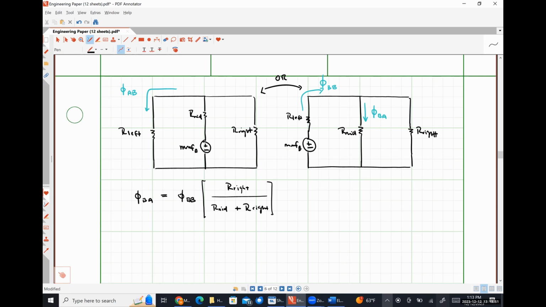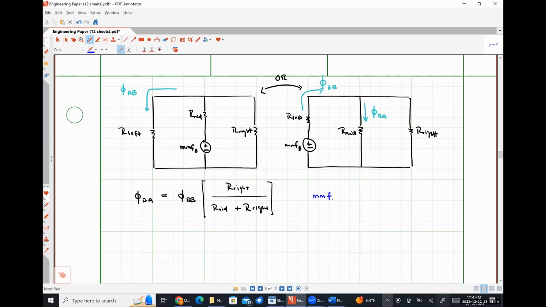So now we need to figure out phi BB in terms of MMF, okay? So what's our relationship between MMF and flux? That's that Ohm's law for magnetic circuits relationship, right? So just doing it out here, I'm going to do it in a separate color.